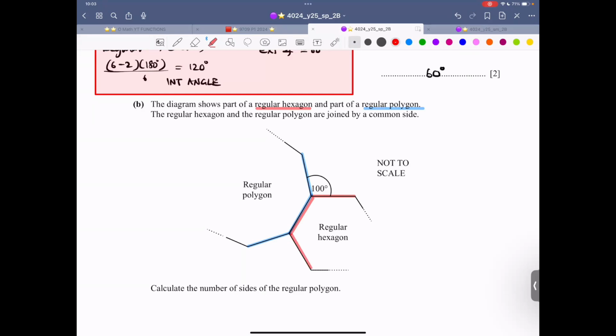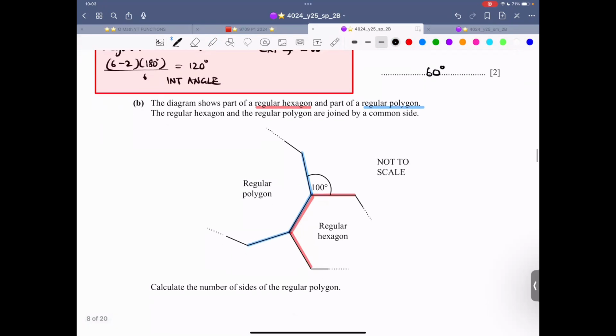And now I just found out that the exterior angle is 60. So this exterior angle is 60 degrees. Therefore, interior angle is 120 degrees. All good?